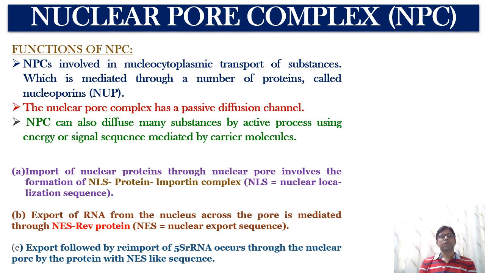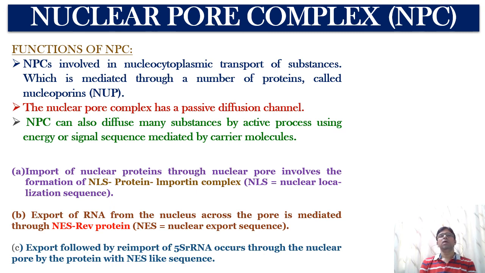Export followed by re-import. Export of substances is followed by re-import of 5S rRNA. Import of 5S ribosomal RNA occurs through the nuclear pore by a receptor protein which is like the NES sequence.